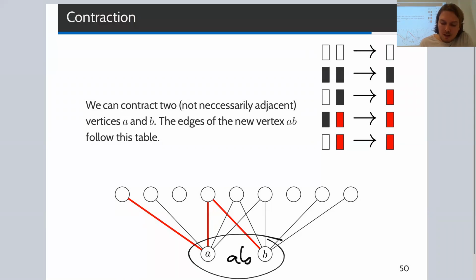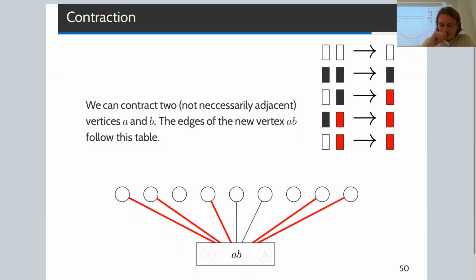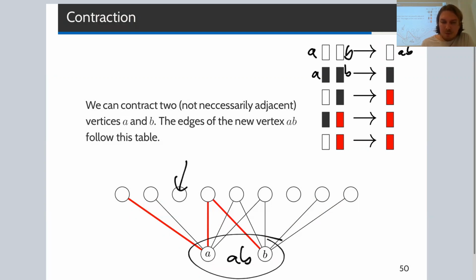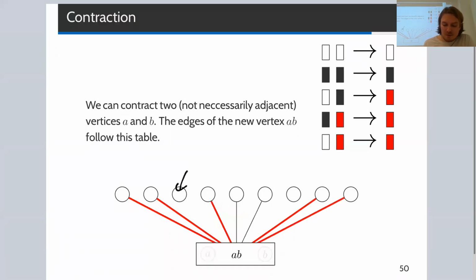So if A is non-adjacent to a vertex and B is also non-adjacent to a vertex, then the contraction of A and B will also be non-adjacent to the vertex. For example, this guy here is not adjacent to A, it is not adjacent to B, so they both agree here. So in the contraction AB, it would also be not adjacent to this vertex. The same holds if A and B are both adjacent to a vertex, like this one, then the contraction of A and B will also be adjacent to this vertex.